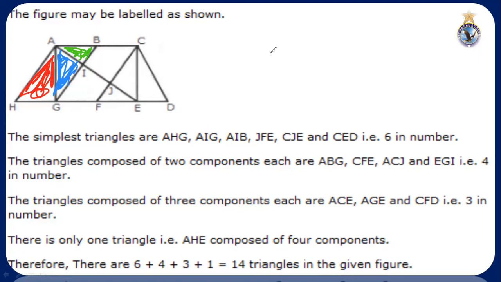The small one at the bottom. Yes, absolutely right. This is the smallest triangle. And then the next is CJE. Can you see this? Now we have done this, this, this and this, and CJE. Where is CJE?